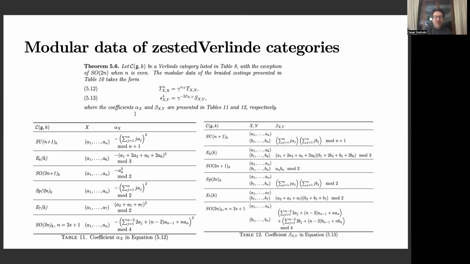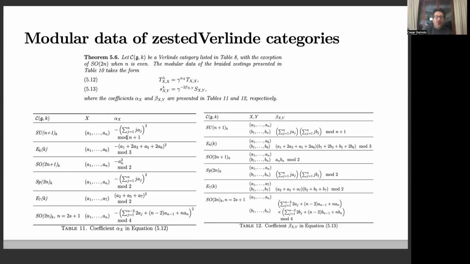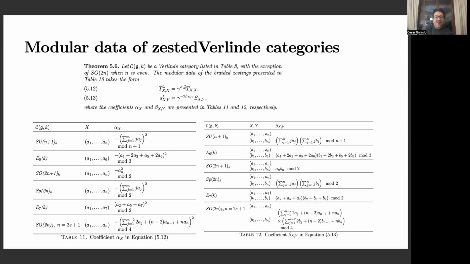The gamma is a particular value, and we have closed formulas again for the power and for this beta. So if we already know what the T and the S are, it's very simple to even implement on the computer and to say what the new modular data are. So in particular, what are the new fusion rules?